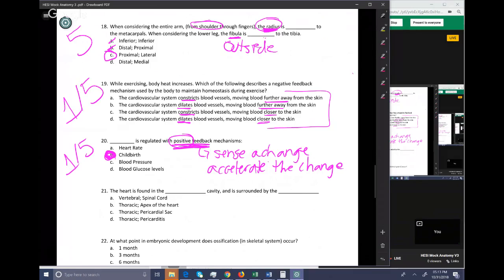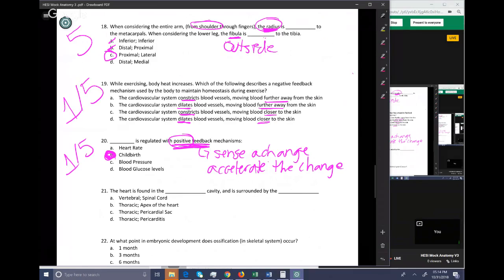All you need to do is think about, in this case, blood vessels and whether they would dilate or whether they would constrict, whether they would take blood further from the skin or closer to the skin. So this is just going to be comparative. You're going to use the answer choices here to determine what makes the most sense. So this is more of a logical reasoning question than something you're actually supposed to know off the top of your head.